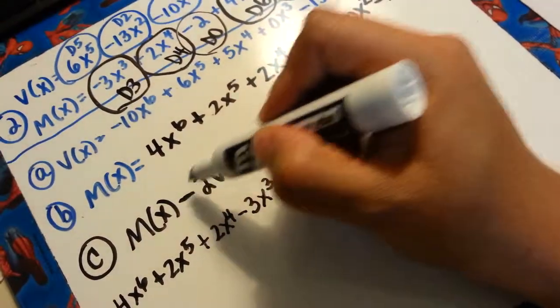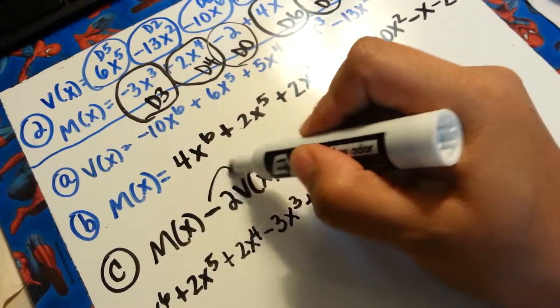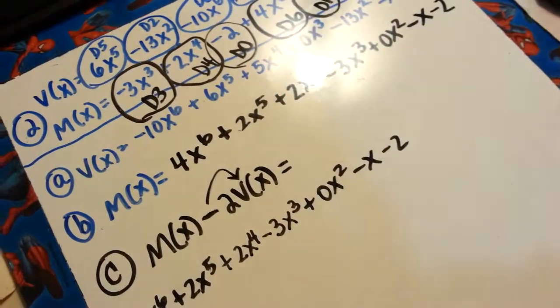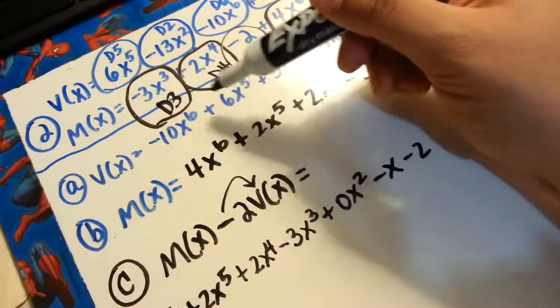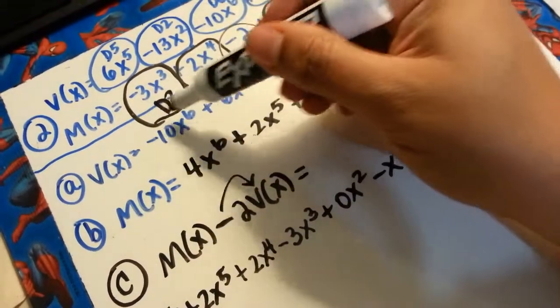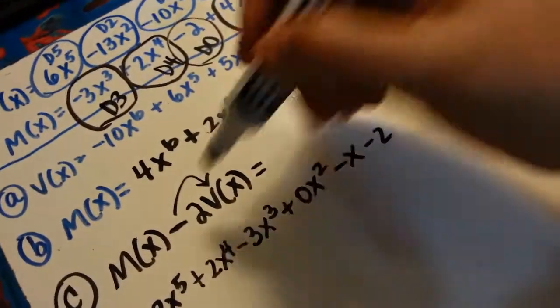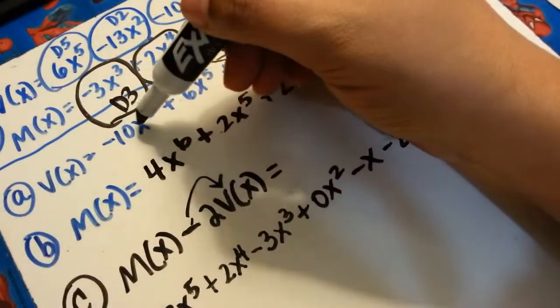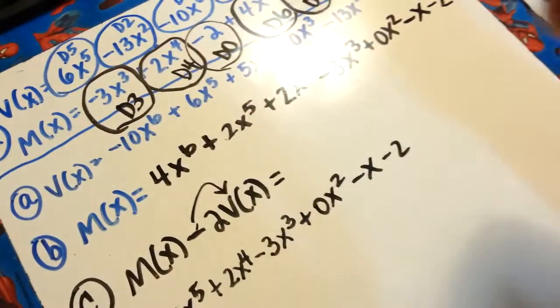and we want to take v of x, but we want to distribute a negative 2 into it. That means every single term in v of x is going to be multiplied by a negative 2. It would be like distributing a negative 2 into each term. So here we go. Negative 2 times this one. Negative 2 times negative 10 is a positive 20x to the 6.